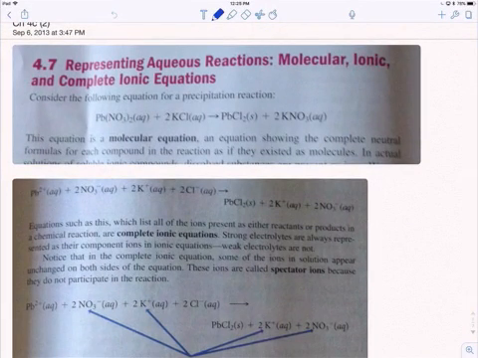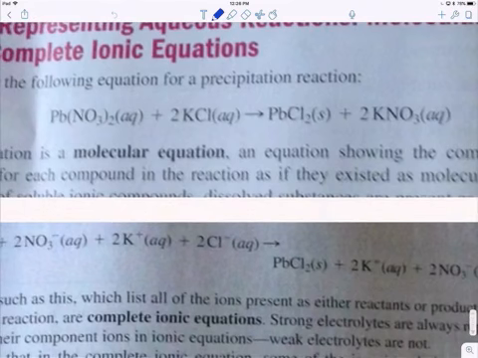Now we're going to talk about the different types of equations. I know we changed topics quite a bit, but there are different ways to write out equations. So right now, we've already talked about this. Lead nitrate and potassium chloride forms a lead chloride precipitate, and then potassium nitrate in an aqueous solution.